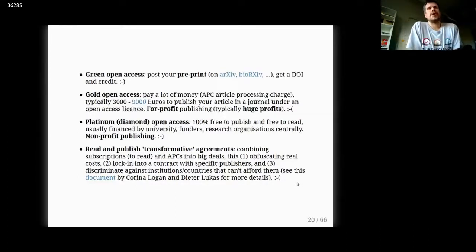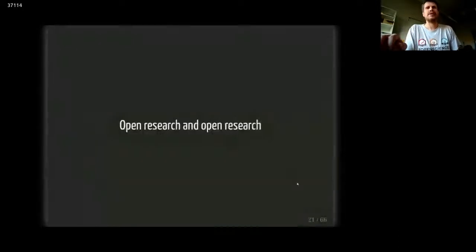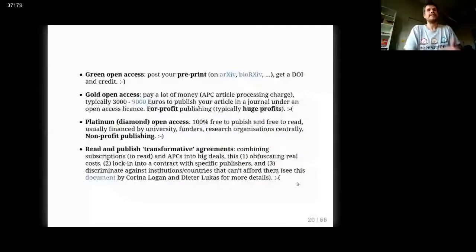Now, journals are still really important, so there is also a gold open access route, where authors have to pay a considerable amount of money as article processing charges to be able to publish their papers as open access. Of course, that benefits for-profit publishers that typically make huge profits. And the amount of money that researchers need to pay, maybe not directly, maybe their funders do it, is absolutely prohibitive.